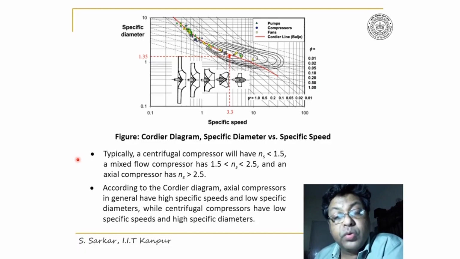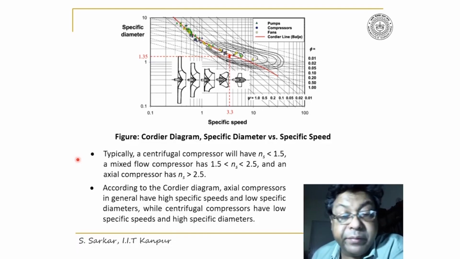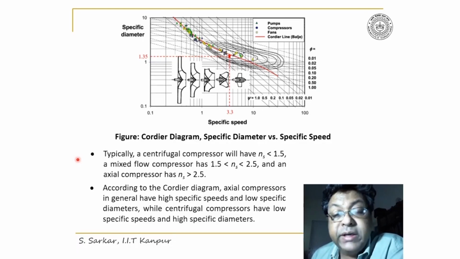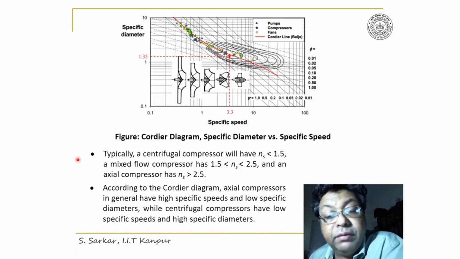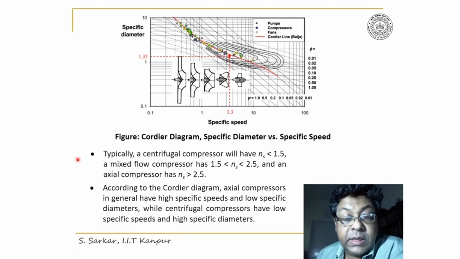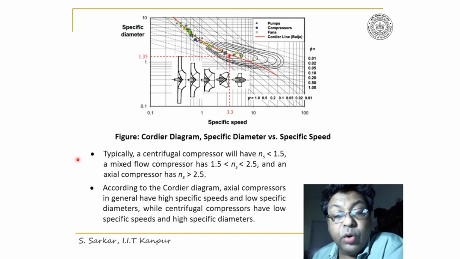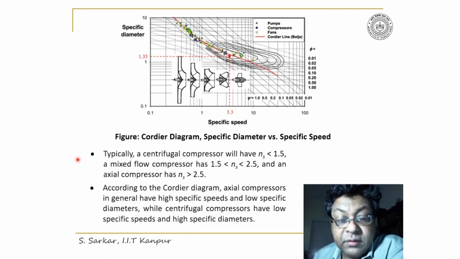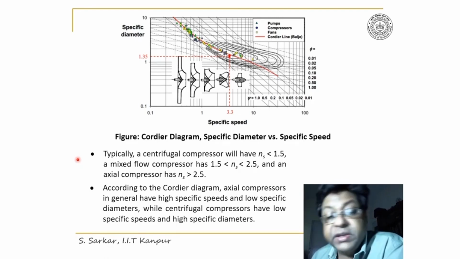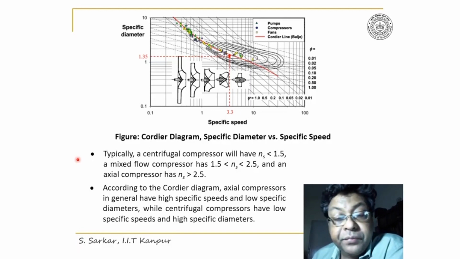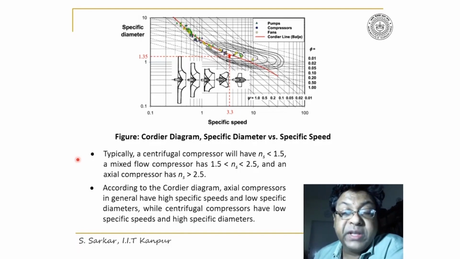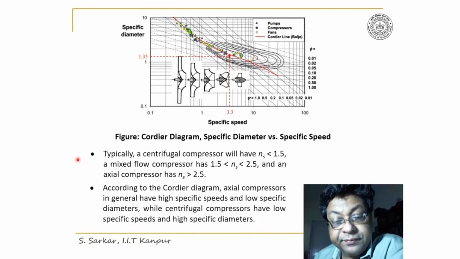Furthermore, according to the Cordier diagram, axial flow machines in general will have high specific speed and low specific diameter, while centrifugal machines have low specific speed and high specific diameter.